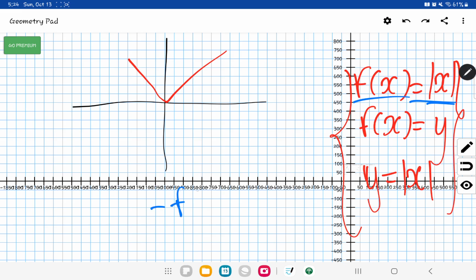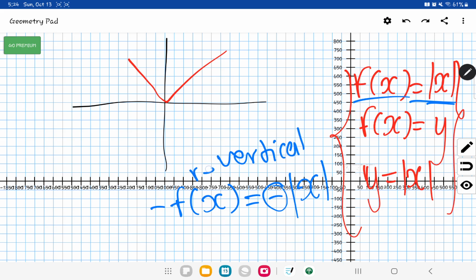So now it is minus f(x), or it's equal to minus absolute value of x. Whenever we multiply by minus, we're going to do a vertical reflection. What does a vertical reflection mean? A vertical reflection means a reflection about the x-axis.